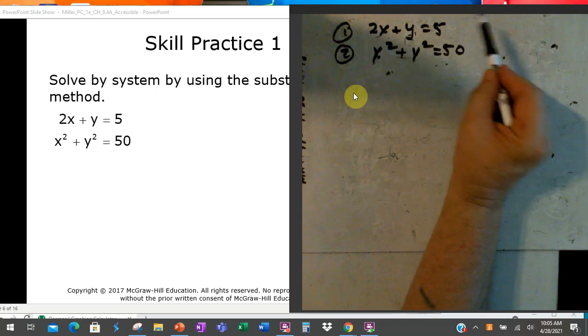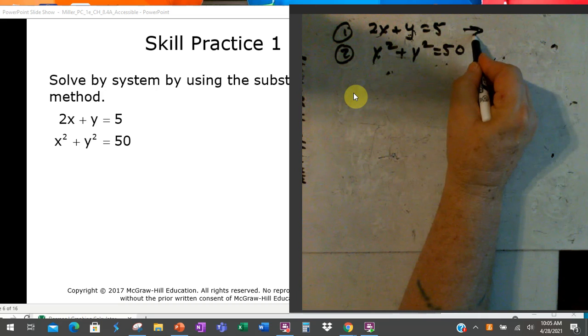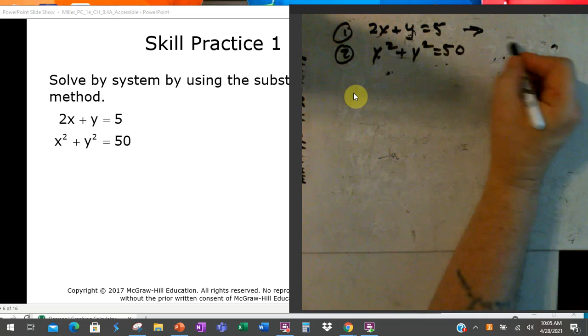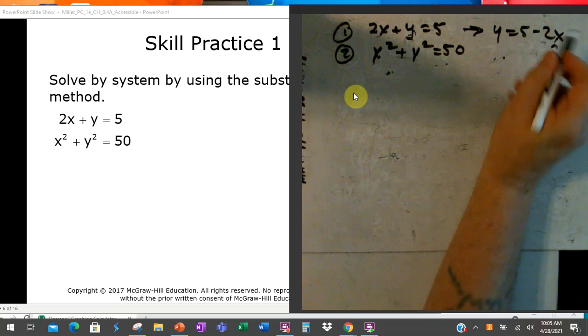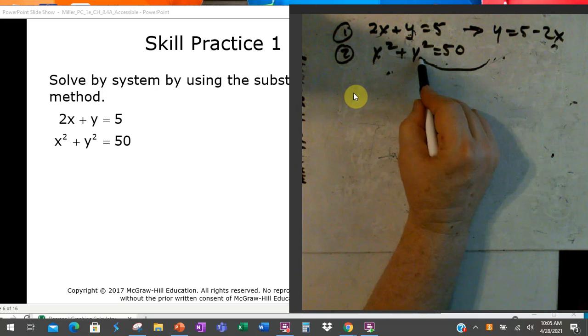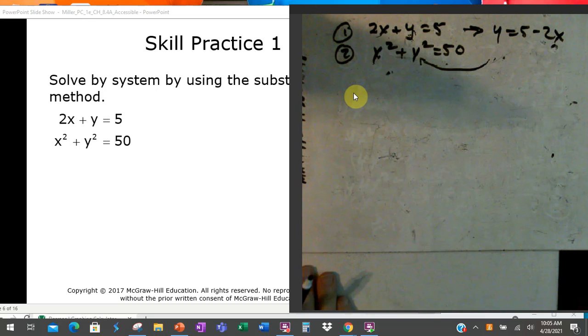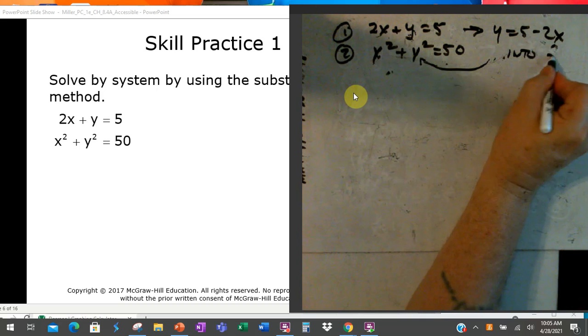I get fractions. So I'm just going to do the y. So from here, subtract 2x, I get my y is equal to 5 minus 2x. Okay, and then I'm going to put that into there and square it.